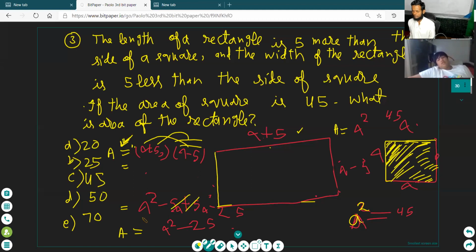The value of a squared is 45. Yes, right. Oh, I get it now. So that will be 20. Okay, good. Now is the concept clear? Yes. These types of questions can come, okay?